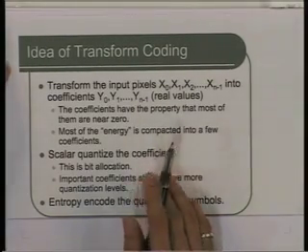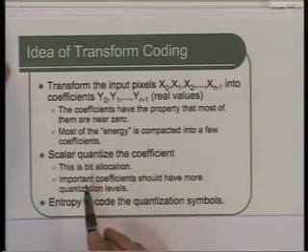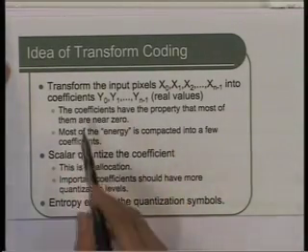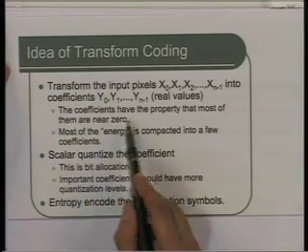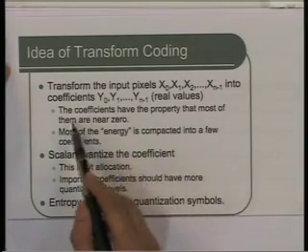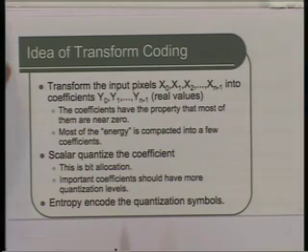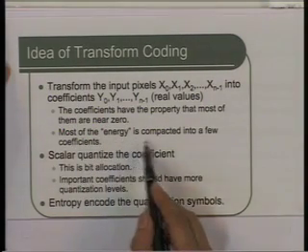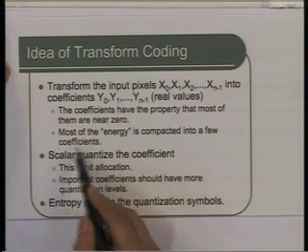Now, if we have chosen the transform to be proper, then the net effect would be that the coefficients have the property that most of them are near 0. In the earlier example, we saw that the second component was very near to 0. So, what it means is that most of the energy is compacted into a few coefficients.